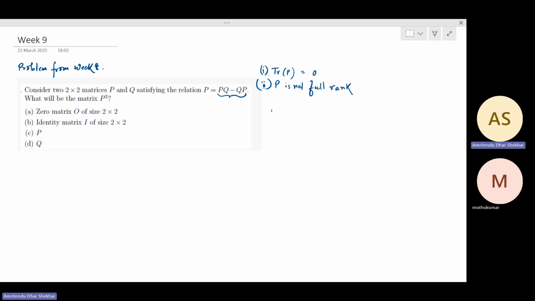We get PQ is equal to minus QP, or rather we can write P plus QP is equal to PQ.